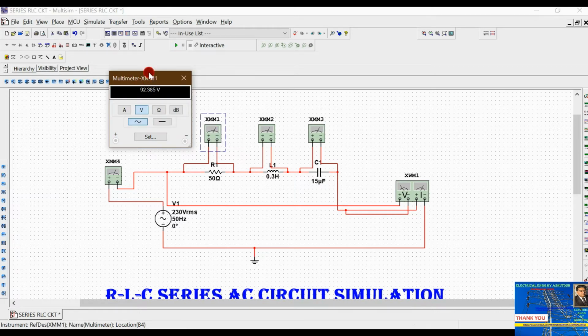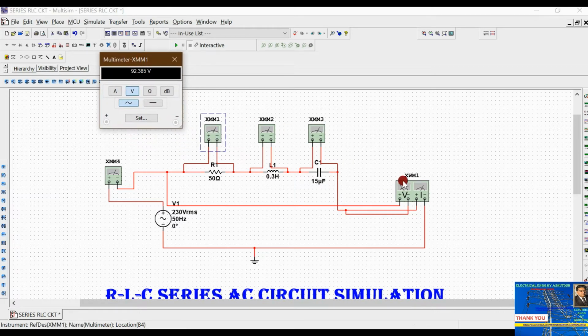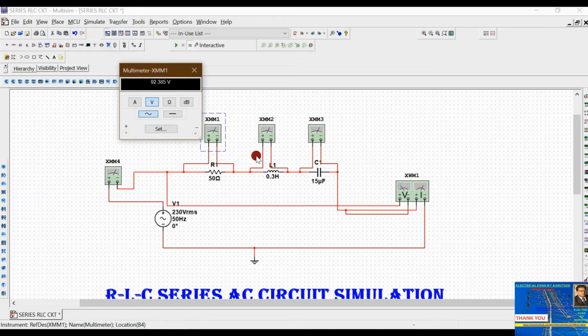Because this is an AC circuit, you must highlight which component. There is a symbol for AC and a symbol for DC voltmeter. We are working on AC supply, so there should be an AC voltmeter. This is the symbol of alternating voltage.